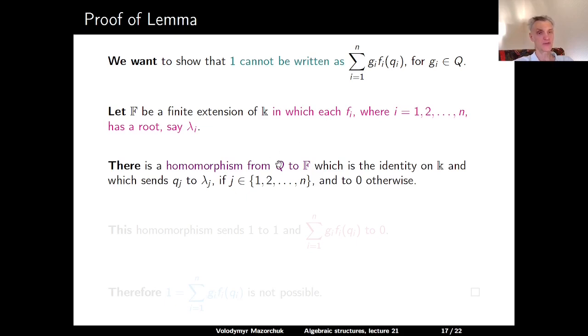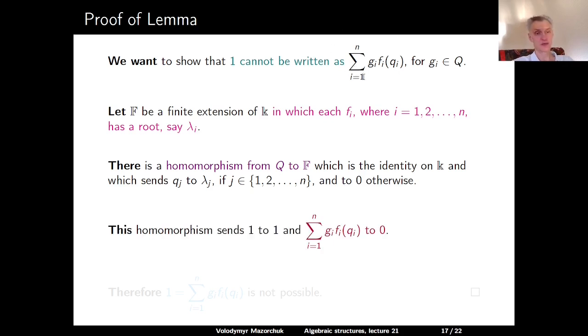Then we have a homomorphism from Q to this F, which is the identity on our smaller field K, and which sends q_j to lambda_j for each j between 1 and n, and all other q_j's, those which do not appear in this sum, are sent to 0.